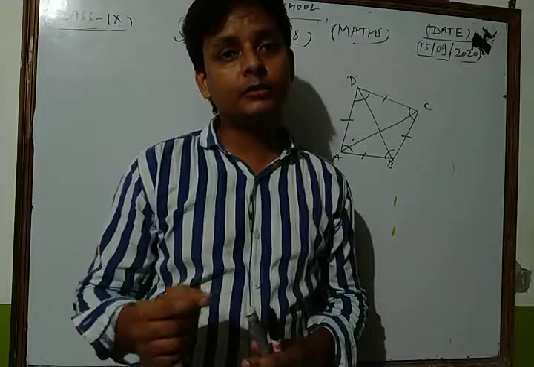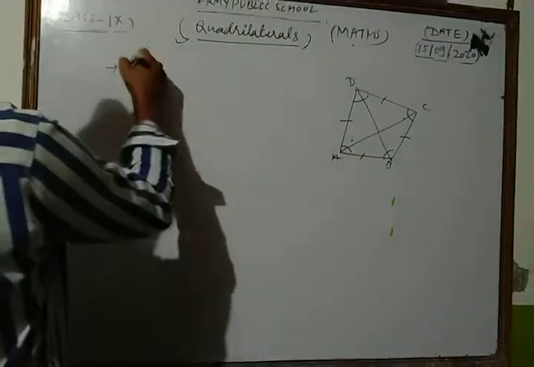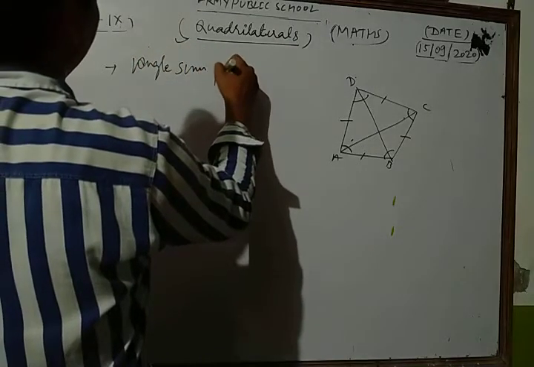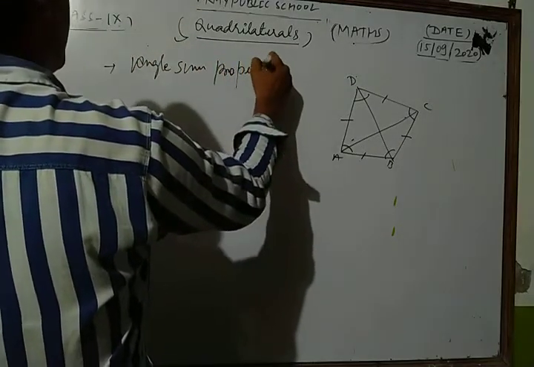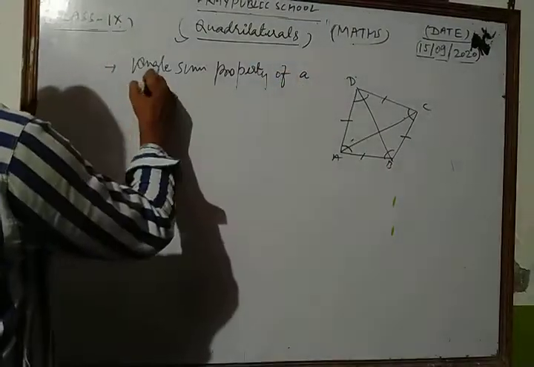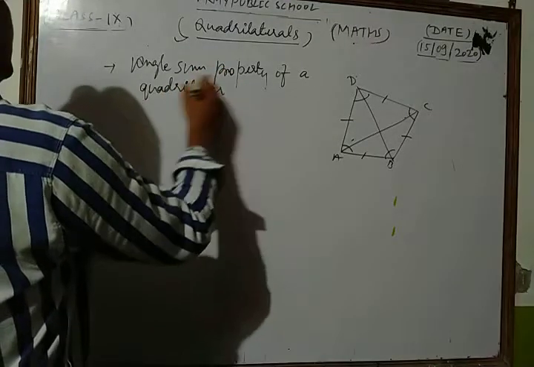Now we take some important results based on quadrilaterals. Now we discuss the angle sum property of a quadrilateral.